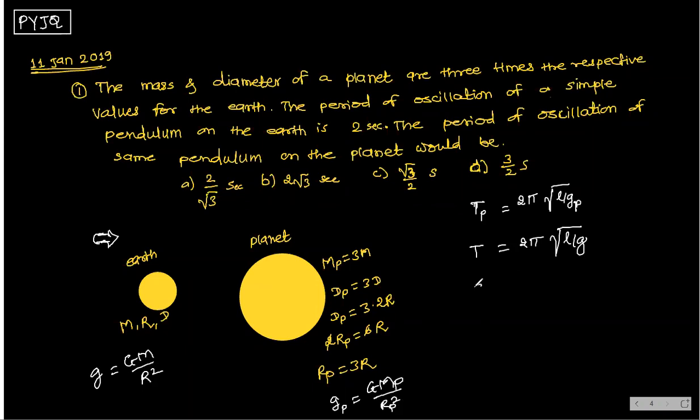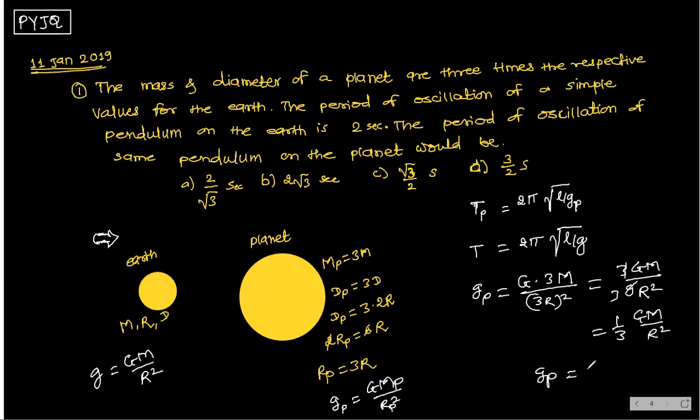So first if I want gp value, gp is equal to G into mp, which is 3 times mass of Earth, divided by rp, which is 3 times r. So 3r whole square. So how much are you getting? 3GM divided by 9r square. So 3s and 3s cancel. How much are you getting? 1 by 3 into GM by r square.